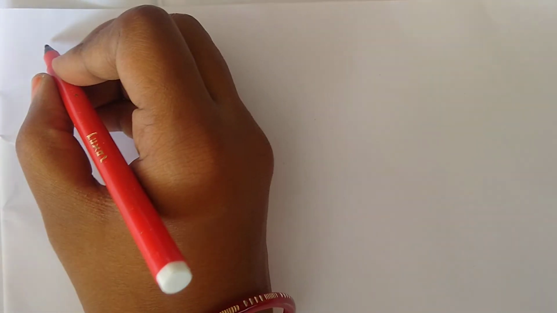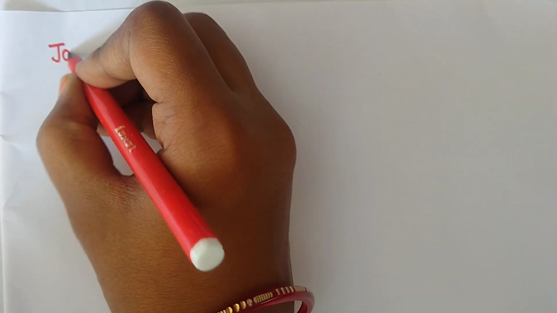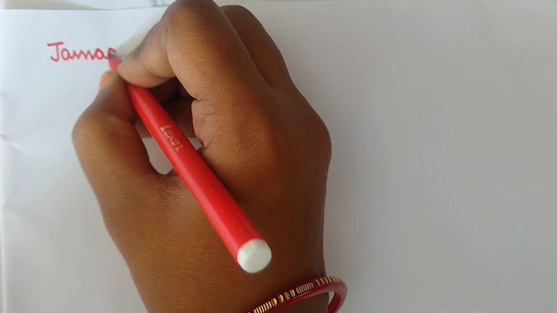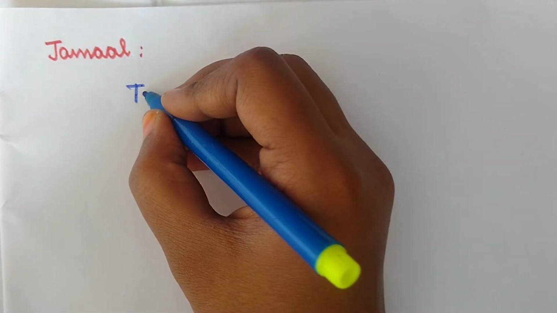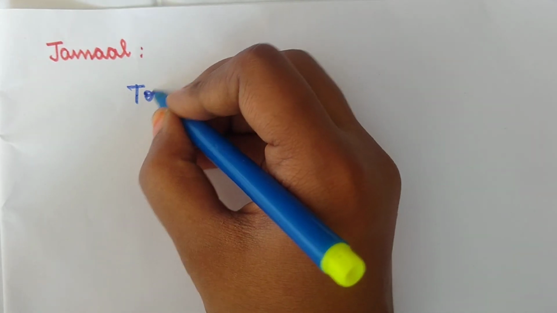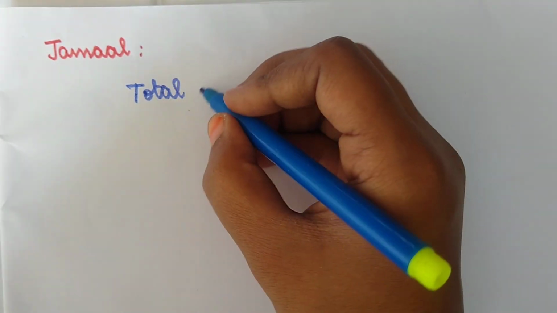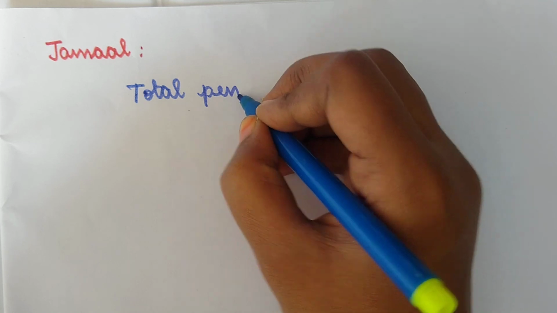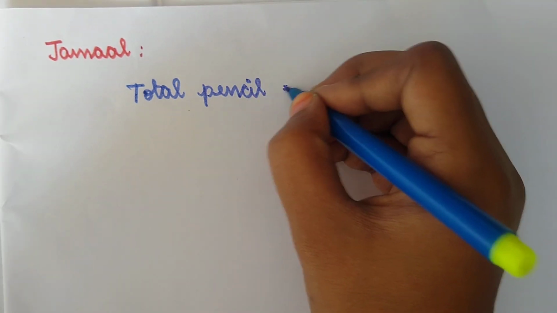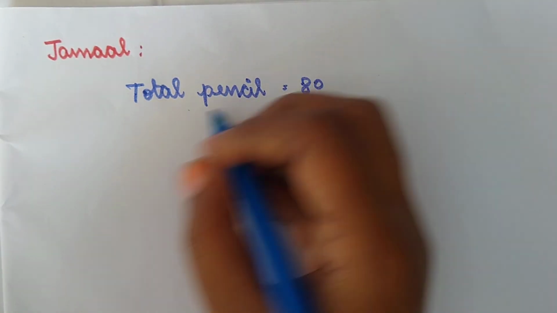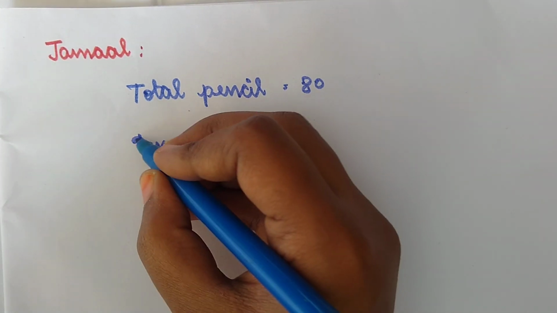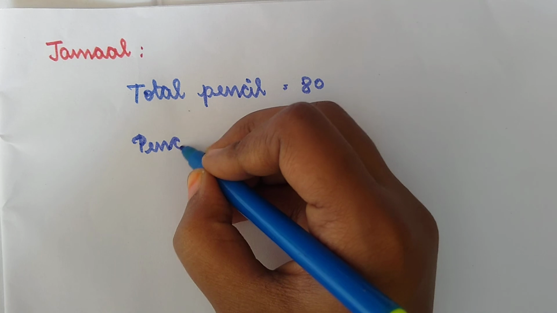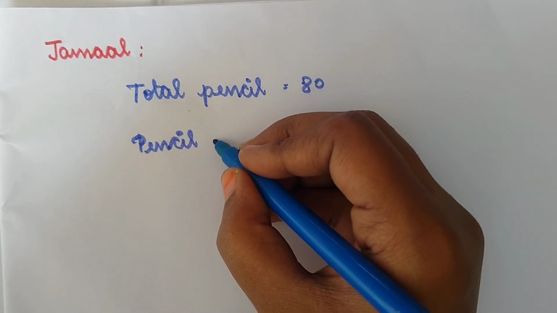The next character is Jamal. How many pencils did he have? He had 80 pencils. How many pencils did he use?